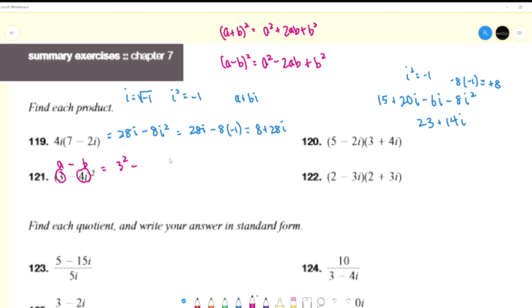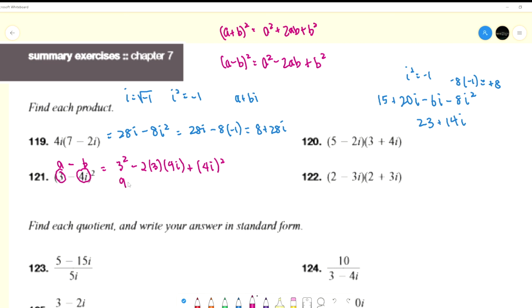Oh, you didn't understand 120? I'll go right back to it. So this is 3 squared minus 2 times 3 times b, right, 4i, and then plus 4i squared. Okay, so that's the shortcut way of doing it.